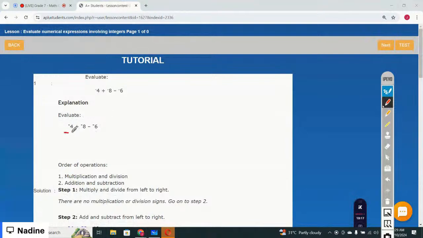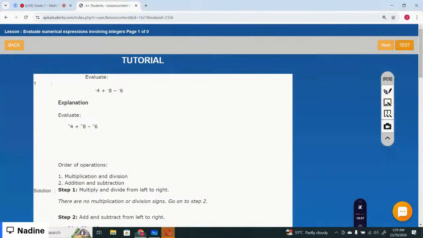So you have to do negative 4 plus negative 8, right? You need to add them. Negative 4 and negative 8 makes negative 12, right? Then you have to add negative 6, so negative 12 and negative 6 makes negative 18. So the correct option is negative 18. Got it?